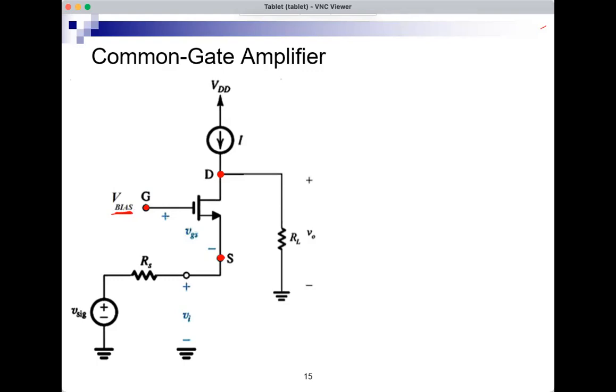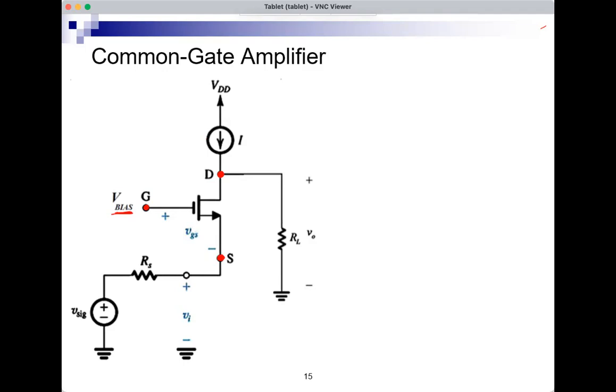So the input is at the source, between the source and ground. This G is signal ground. And the output is at the drain, from drain to ground, and the gate is at signal ground. So the gate is common between the input and the output, and we call this common gate.